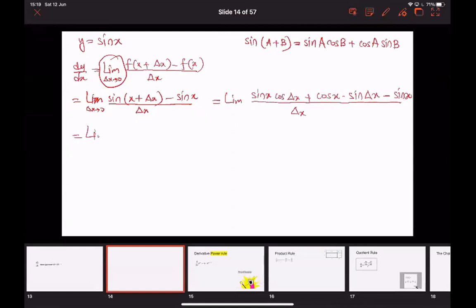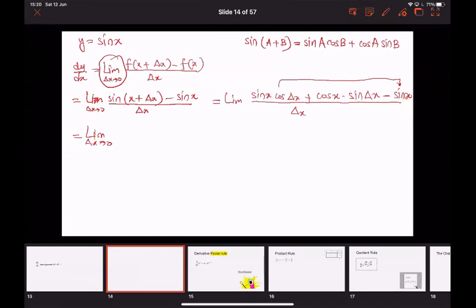So we have limit as delta x goes to 0, and we have to simplify. As you can see on the numerator, we actually have 3 terms: term 1, term 2, and term 3.